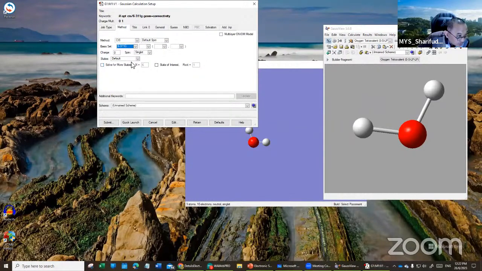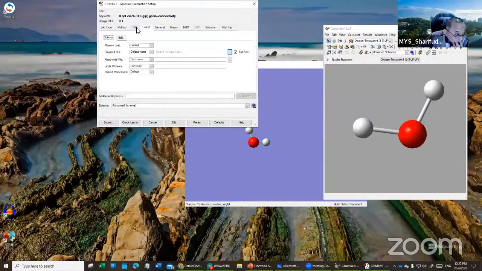So we use a bigger basis set. All right. What else is there? Title.